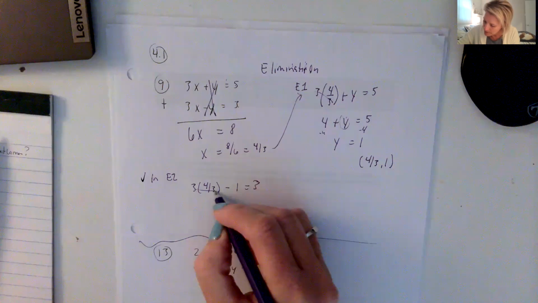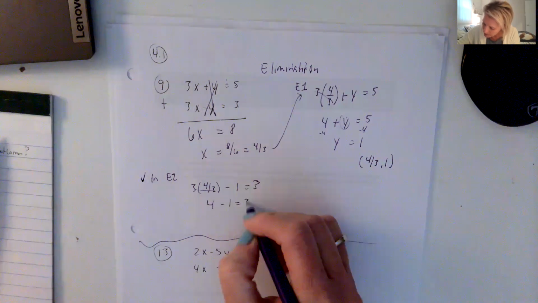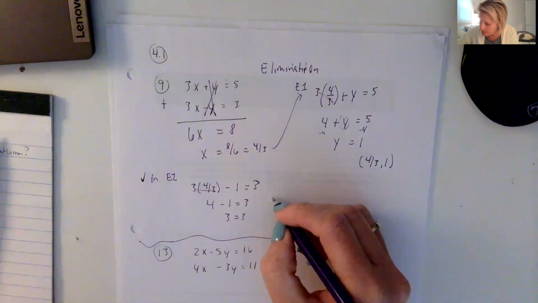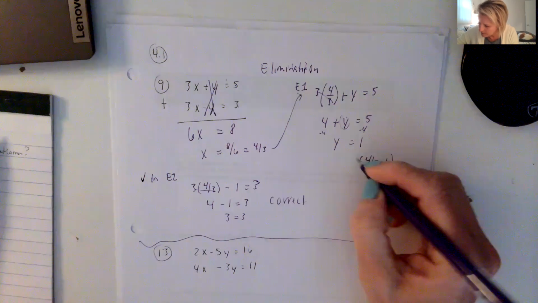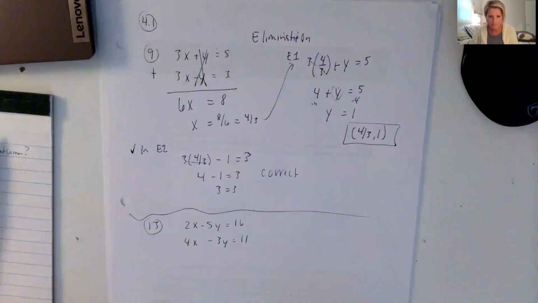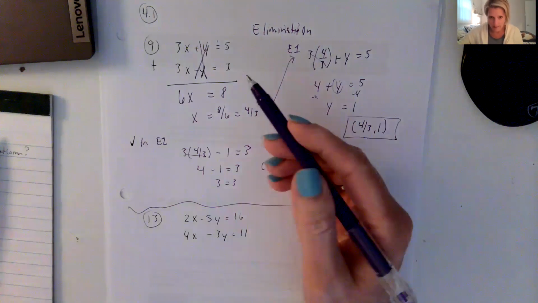So my 3's cancel, and I have 4 minus 1 equals 3. 3 equals 3. So correct. This is our solution, 4/3 and 1. Okay. That one worked out well because our y's were already going to cancel out.